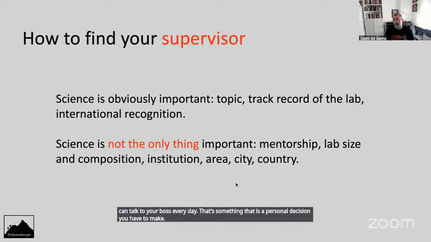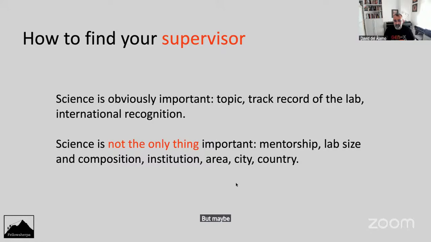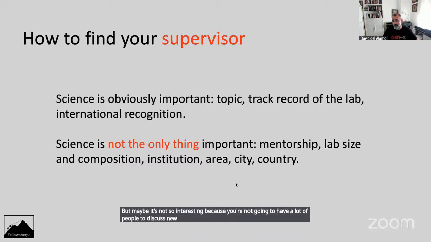Then there's the composition of the lab. Maybe in the lab there are 100 technicians and 2 postdocs, and basically it's a factory producing data. That's very interesting if you want to publish a lot, but maybe it's not so interesting because you're not going to have many people to discuss new ideas with. It's not going to be as original in terms of new ideas as other labs. So you have to take all these things into consideration.